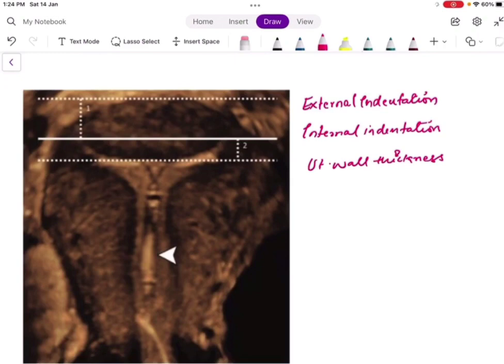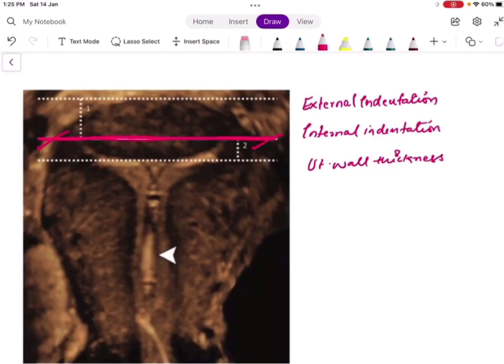So the main reference is the horizontal line, which is the interstitial or the interostial line. This here is the interostial or the interstitial line, which is formed by joining the uterine ostia of the fallopian tubes in the mid-coronal plane of the uterus.